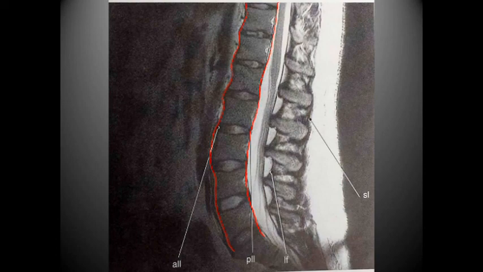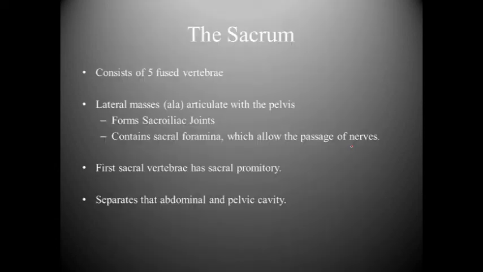At the posterior portion of the spinal canal, we have the ligamentum flavum, which runs down, and at the posterior portion of the spinous process, we have the supraspinatus or supraspinous ligament. So those are the 4 ligaments that we're really demonstrating.